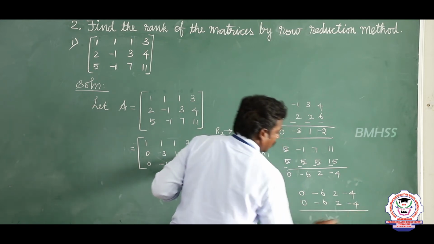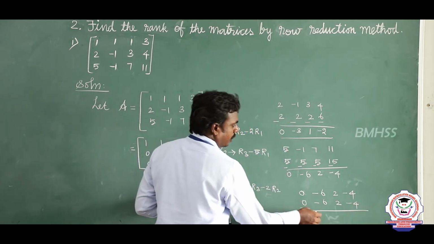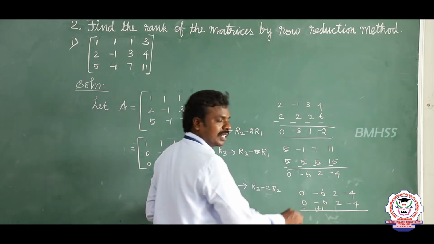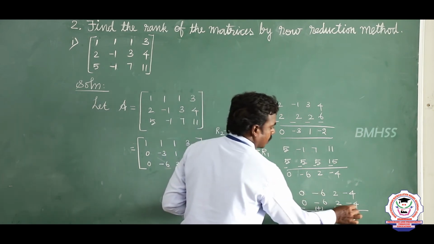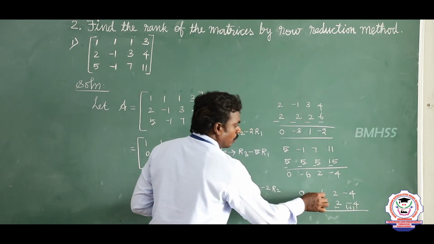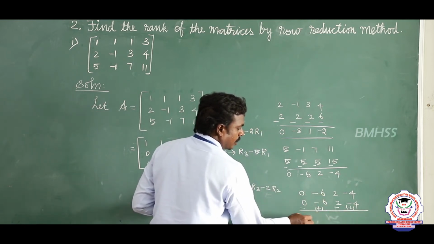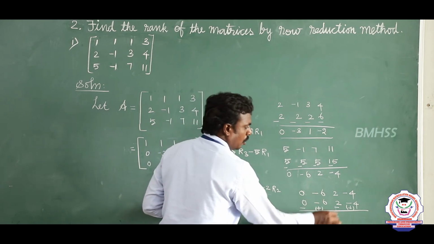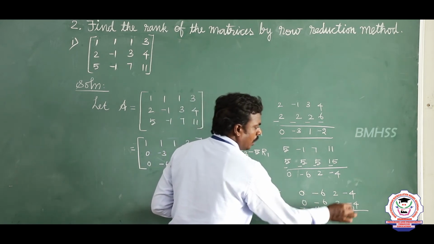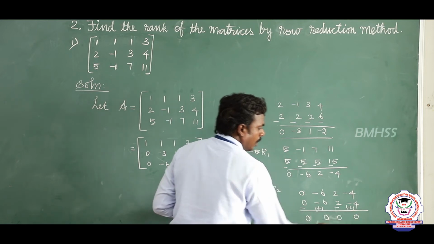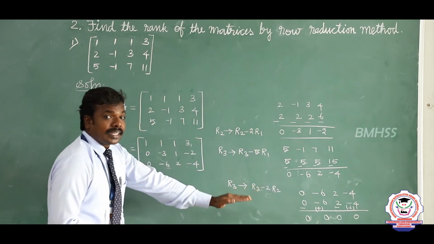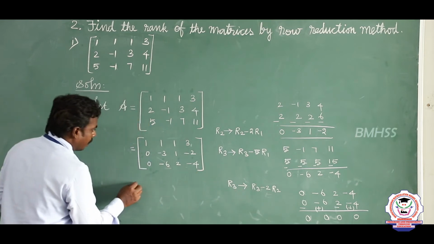Now you subtract; minus and minus becomes plus. Minus 6 plus 6 is 0. Minus 6 plus 6 again 0. 2 minus 2 is 0. Minus 4 plus 4 is 0. Now in the third row completely we get a zero row.